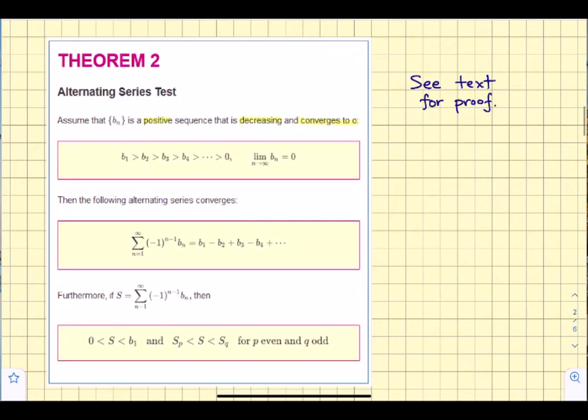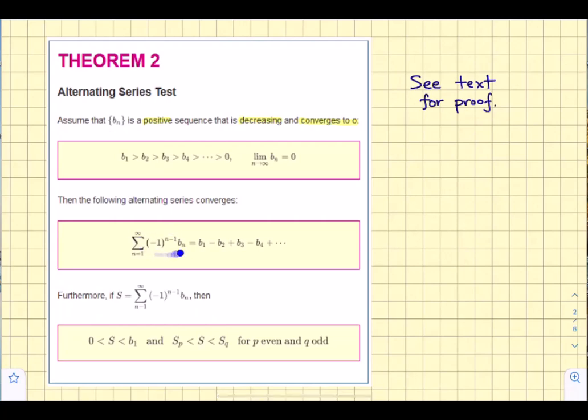This leads us to the so-called alternating series test. It says, assume that your b sub n is a positive sequence that's decreasing and converges to 0. So this is decreasing, and the limit goes to 0. Then the following alternating series converges. Notice that this is not a claim about general series with sometimes positive and negative terms.